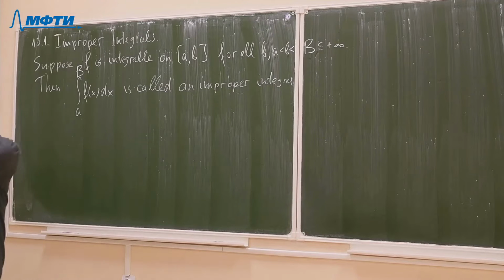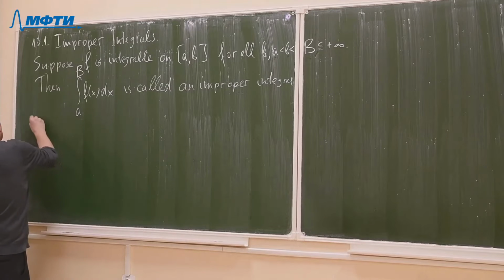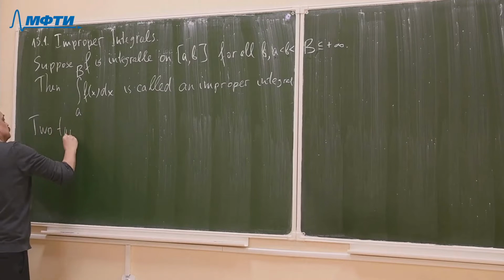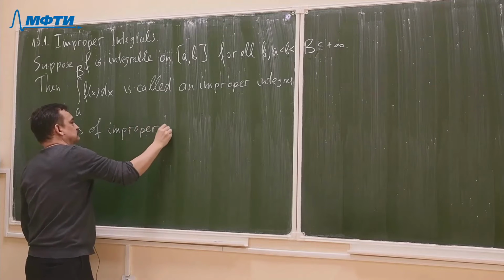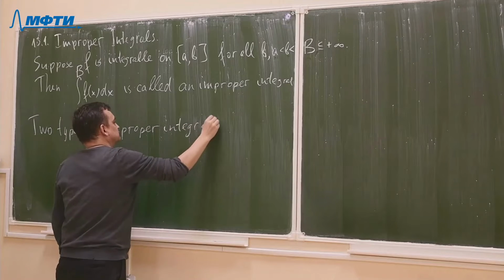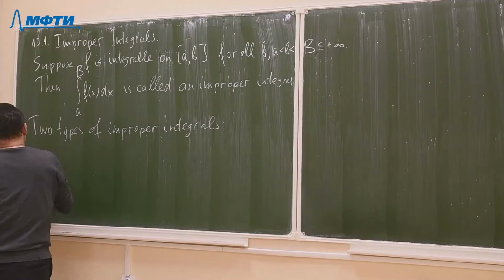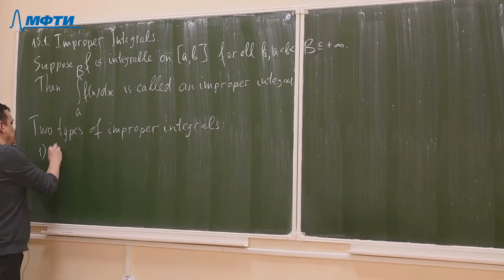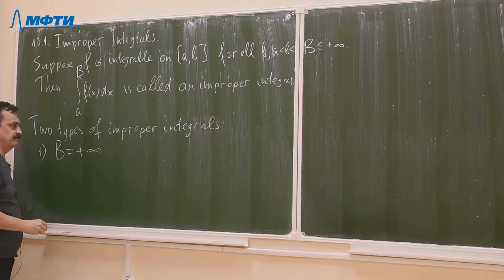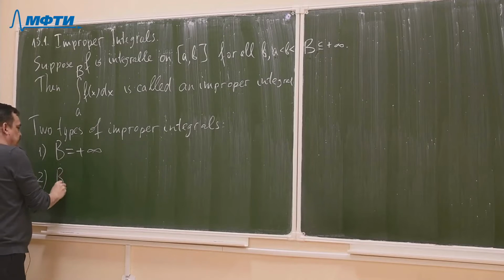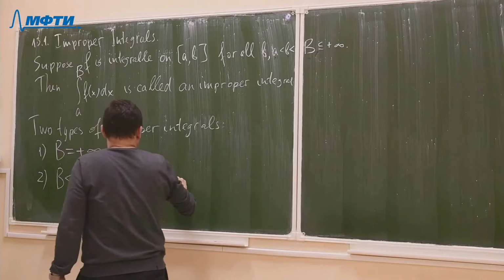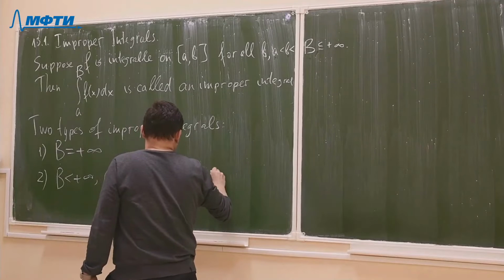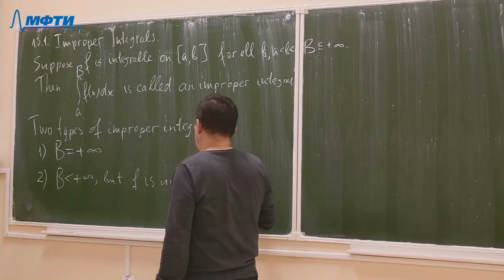Of course, there are two main situations, there are two types of improper integrals. The first one is when capital B equals plus infinity. And the second one, B is finite, but f is unbounded on [a, B).